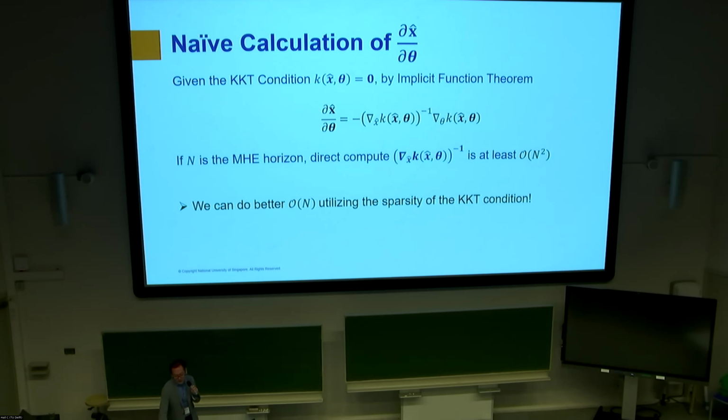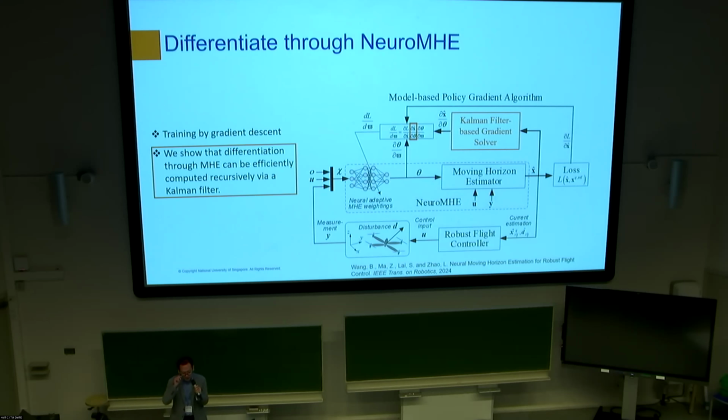And we can do much better because we have the sparsity coming from the dynamics. So we can bring it down to O(N), utilizing the sparsity of the KKT condition. Without diving into too much detail, eventually we can show that this gradient can be efficiently calculated by a Kalman filter, recursively. So that's the major theoretical contribution.